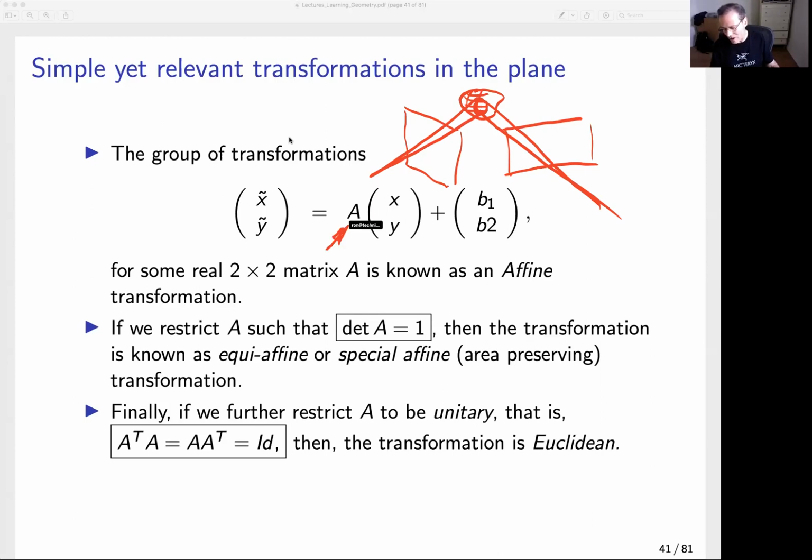An affine transformation is taking the X and Y coordinate system and multiplying them by any given matrix, okay? And this is called affine transformation. If besides that, I also limit my matrices to have a determinant which is equal to 1, which means that the area is being preserved, this is called equi-affine or special affine transformations. Usually in my course, what we did is we defined an arc length that would be invariant with respect to this kind of transformations.